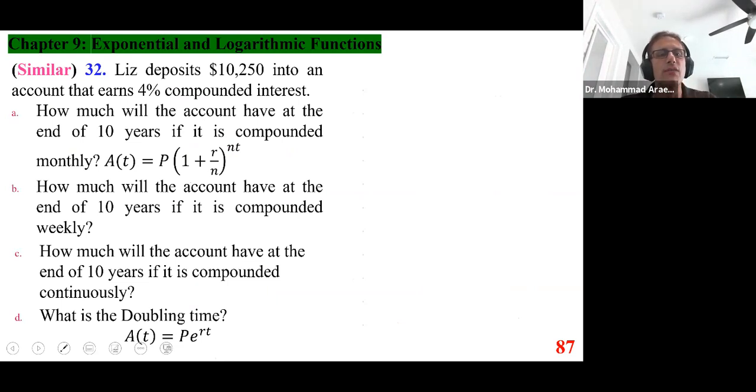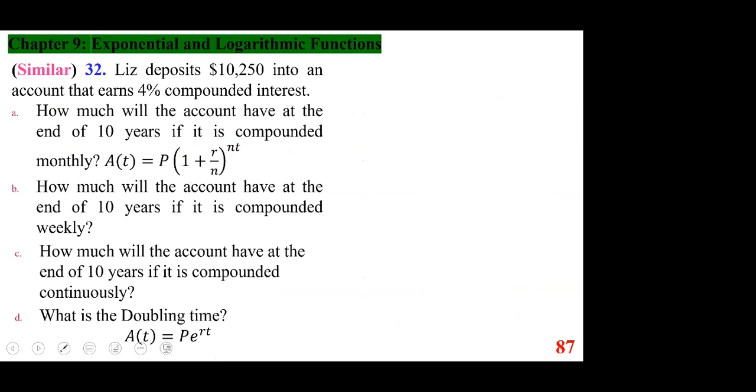Could you read this question for us, please? Liz deposits $10,250 into an account that earns 4% compounded interest. How much will the account have at the end of 10 years if it is compounded monthly?